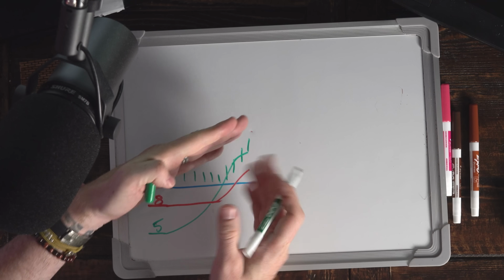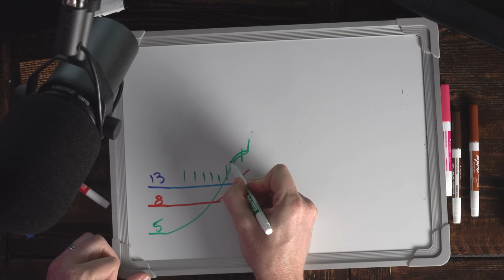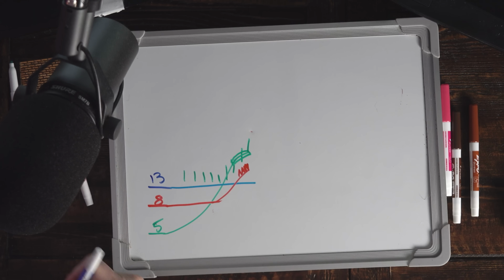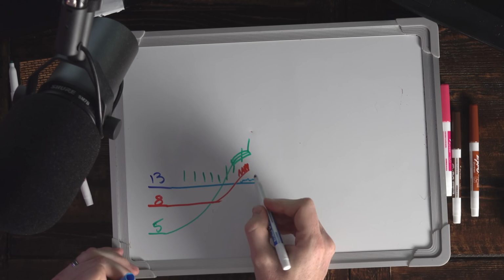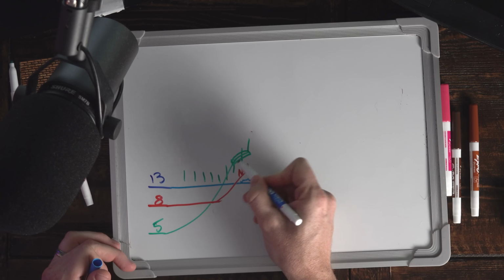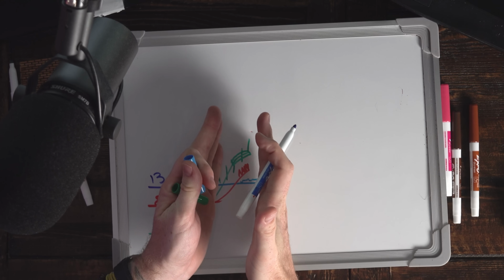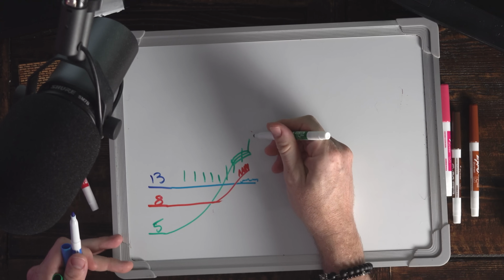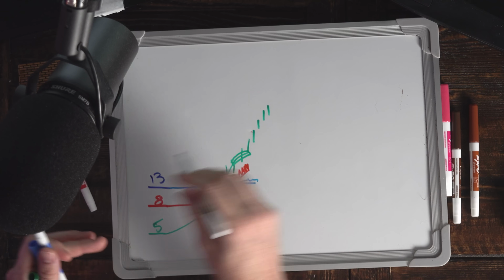If you picture an alligator, this is the alligator's nose, and these are his teeth. He's eating, and this is the water line. When the alligator's nose pushes through and crosses above, that is when you have a period of volatility and you want to trade. When the alligator is eating, we're seeing strong momentum.